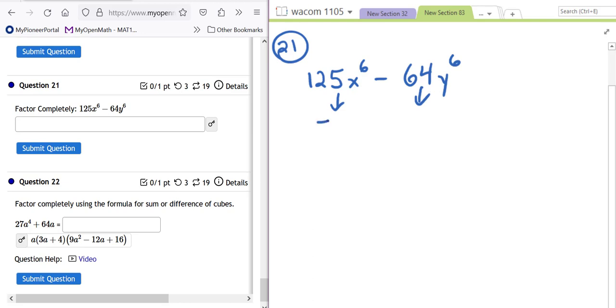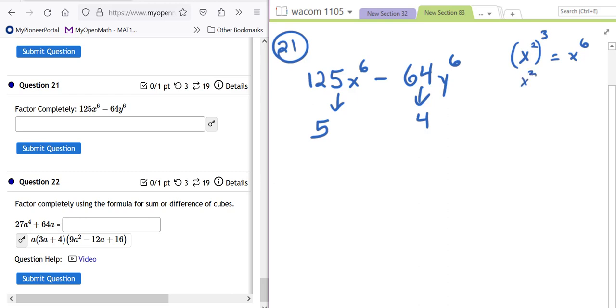For 125, it's easy. It's a 5. And for 64, it's easy. So variables we have to work on. So we just kind of guess on the side. If we try x squared and cube, that gives us x to the 6th. So that is something squared. So the x squared would be the cube root.